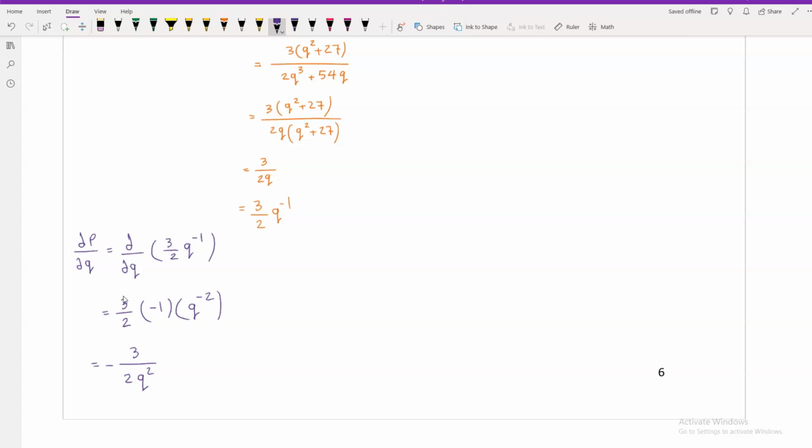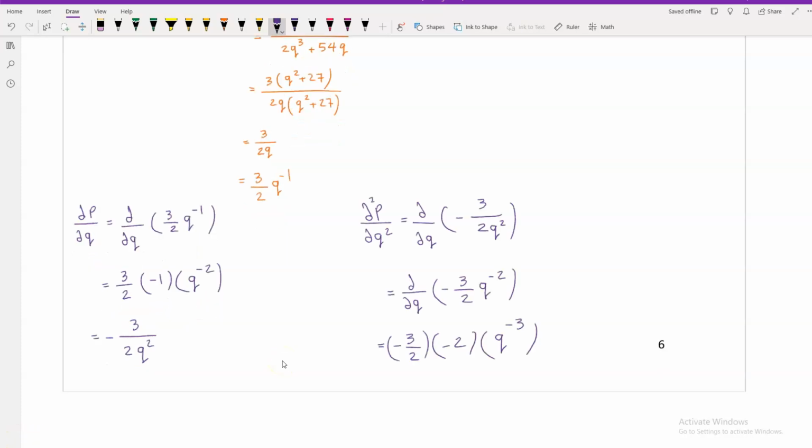Now finding second derivative. So second derivative of p is equal to first derivative of this part. So we already had first derivative of p, so using that one to find second derivative of p. So this is equal to derivative of negative 3 divided by 2, q to the negative 2 is our power. And then finding derivative, we have negative 3 divided by 2 times, moving this one to left, negative 2 times q to the power negative 2 minus 1, so that is negative 3.